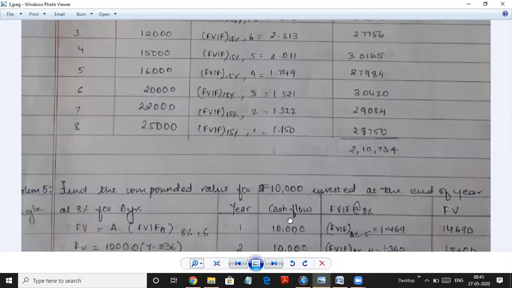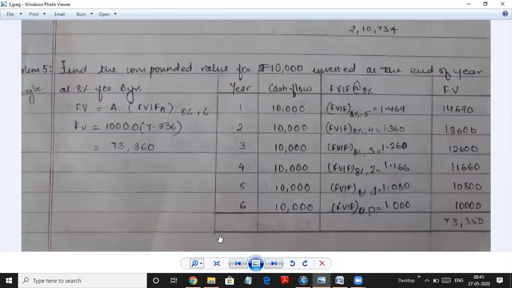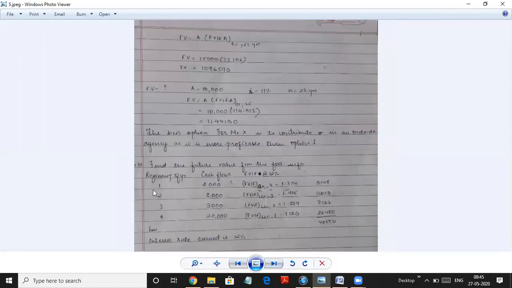So N was 6 years and I have started with the value of 5 years. So N minus 1, 6 minus 1, 5, 4, 3, 2, 1 and 0. So if they use the word end of the year, we will do N minus 1. And if they say beginning of the year, we will do N. So in this problem, it's beginning of the year. So we start with 4, 4, 3, 2, 1.